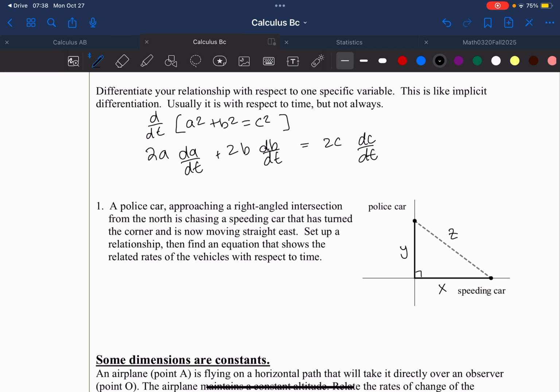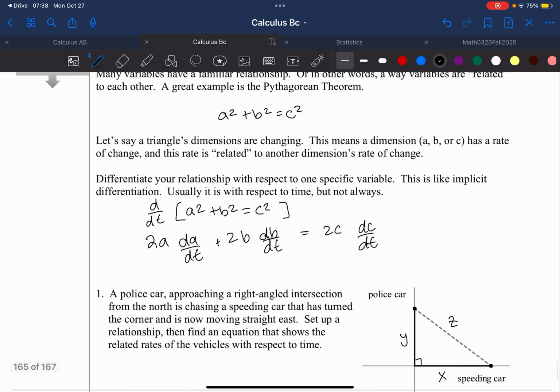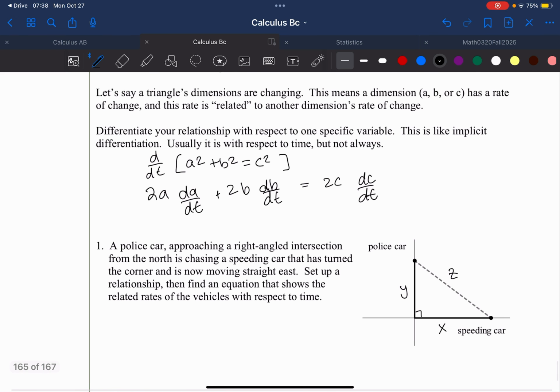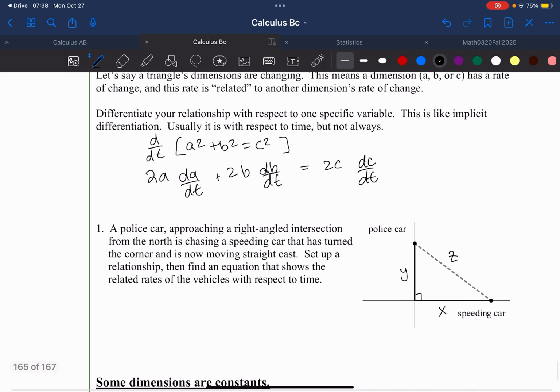And I use the word solve lightly. We're not solving for anything. We're putting it in terms of time and the related relationship.